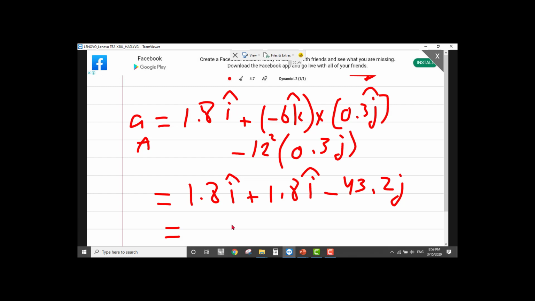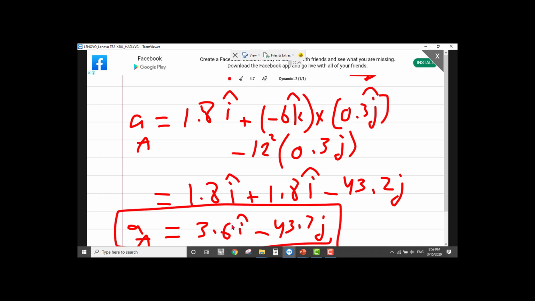And the final answer is 3.6 in the I direction minus 43.2 in the J direction. This is the acceleration of A. And of course, here we have magnitude and direction.